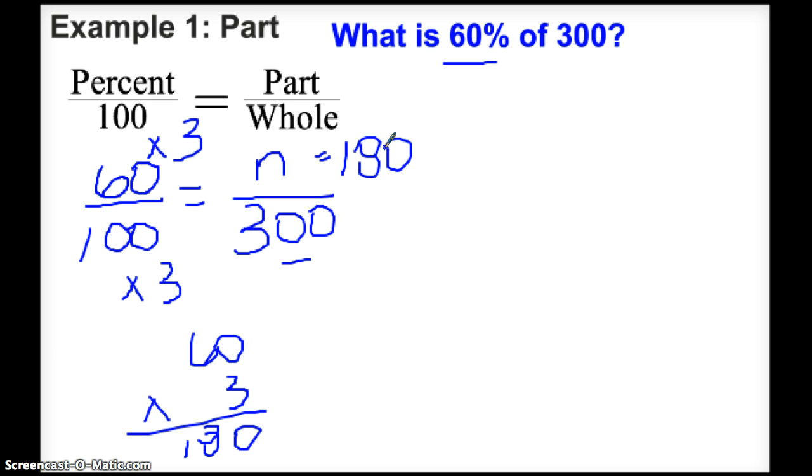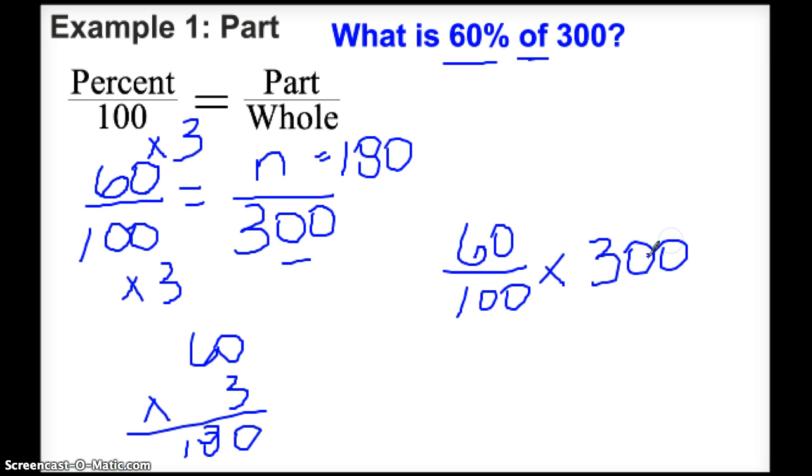What we've been doing in class up till now, so you can see a comparison, we would say we have 60% out of 100, and we're going to multiply because it says what of. Of means to multiply. We've talked about that in class. So 60% of 300. Now, if you remember correctly, we need to turn it into a fraction. So I'm going to put the 300 over 1.